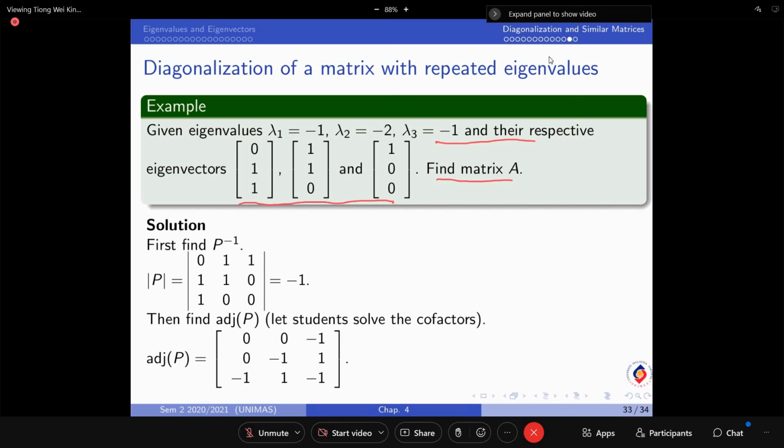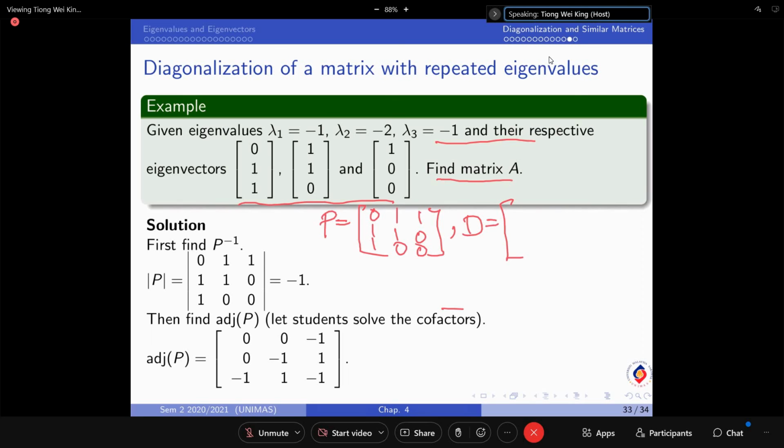Let me see. So the first is we find P. So P is you just collect all the eigenvectors. Okay, so 0, 1, 1, 1, 1, 0, 1, 0, 0. Then from here you can get D straight away.